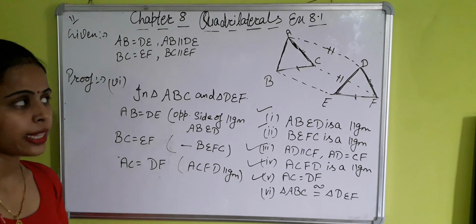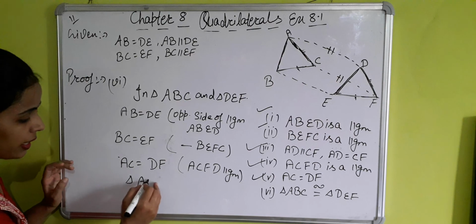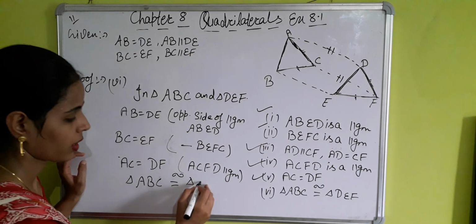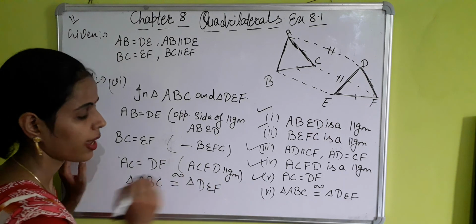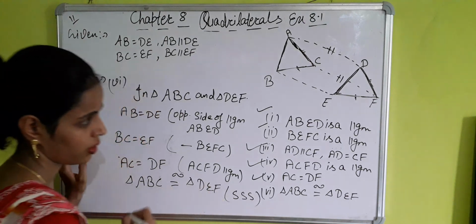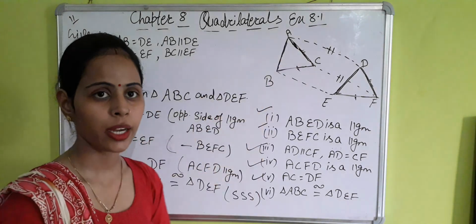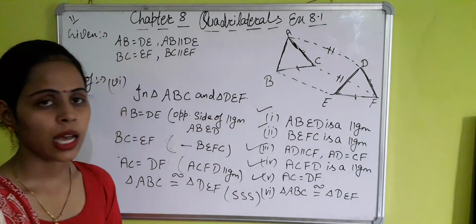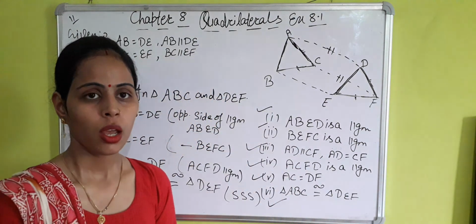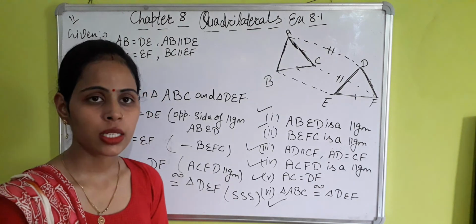So we can say that triangle ABC is congruent to triangle DEF by the SSS rule, side side side. These two triangles are congruent. Sixth part is also proved. Hence question number 11 is complete.